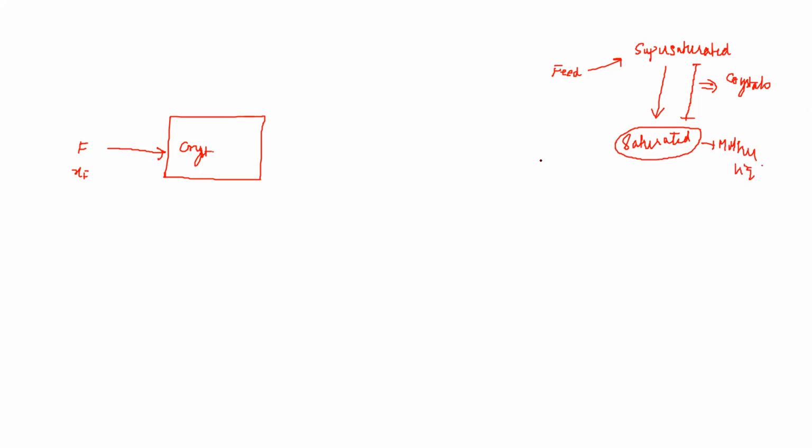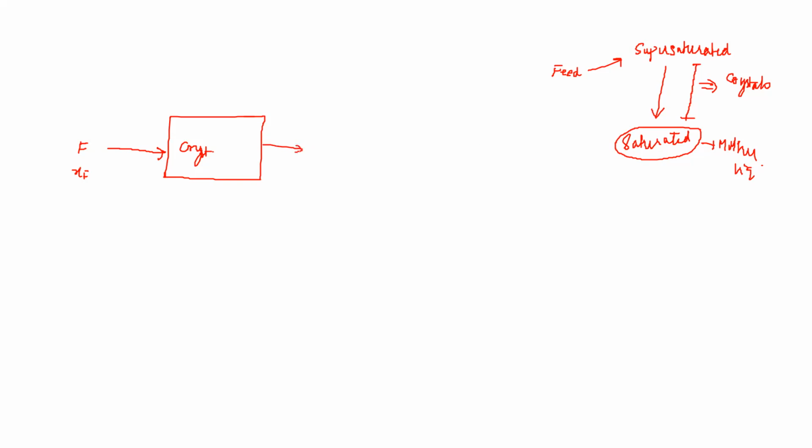Most of the time it is saturated, unless we use a certain mechanism to remove the solute from the saturated solution as well. If we increase the temperature or something, then it would not be saturated anymore. But if we do not do anything else, then we get mother liquor as saturated.